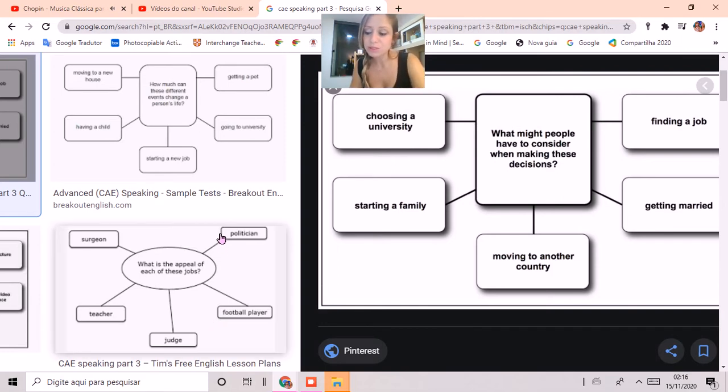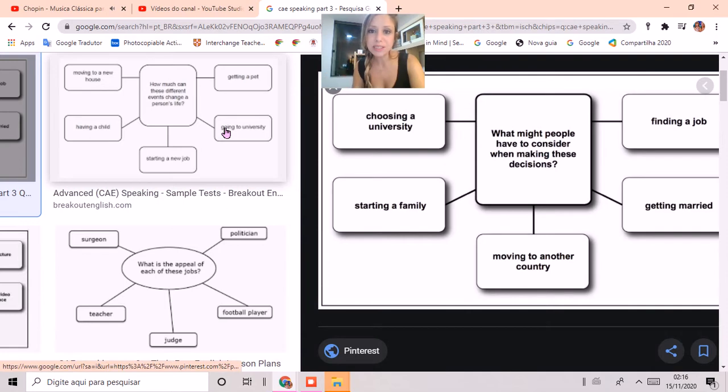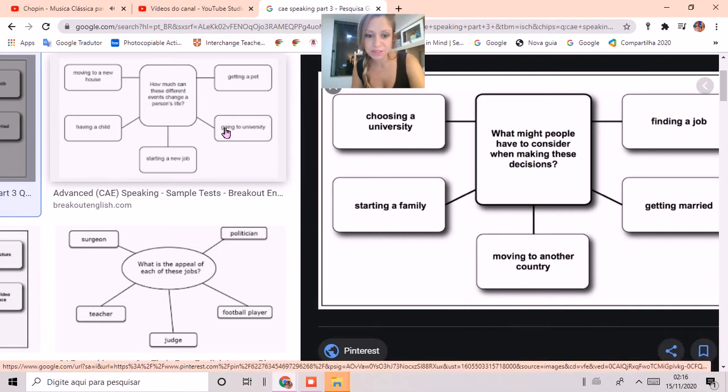Because they will consider that you're not leaving time for the other candidate to talk, right? So bear this in mind, that you can use the time, but you have to think that the other person has to speak as well, right? So let's start. What might people have to consider when making these decisions?